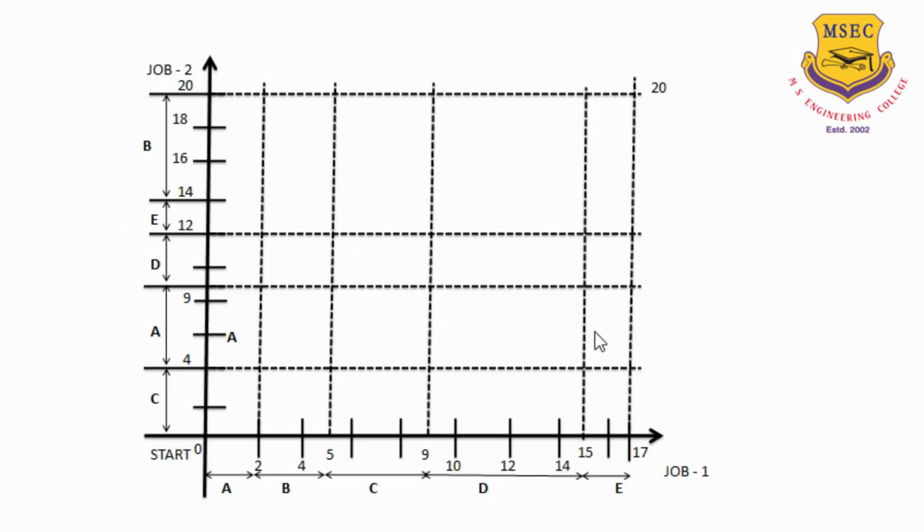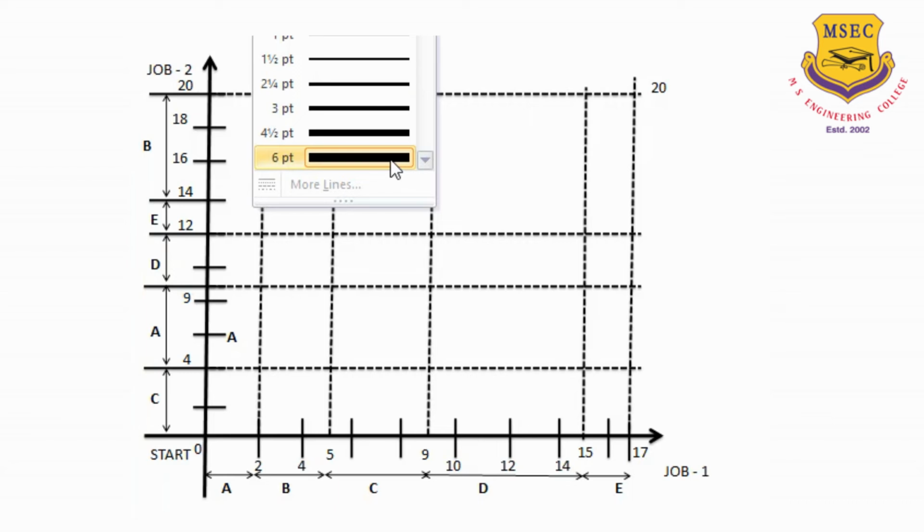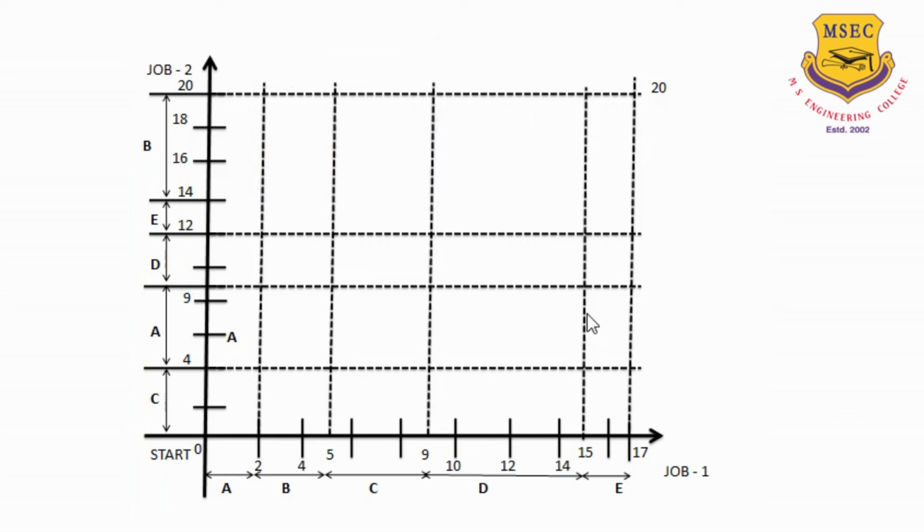Solving the problem: in the graphical method, we go for a graph. That means construction of the graph. We take the x-axis and assign it to job 1, and the y-axis we assign to job 2. We make convenient markings or scaling on the x-axis as well as the y-axis.